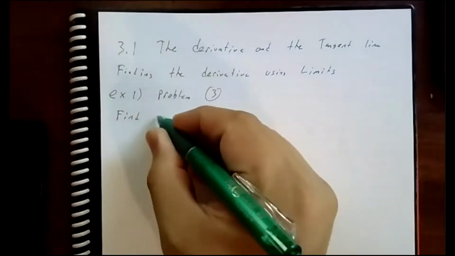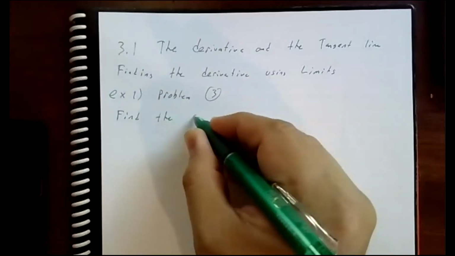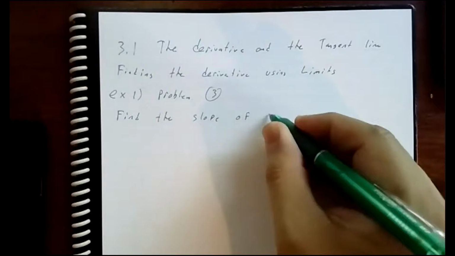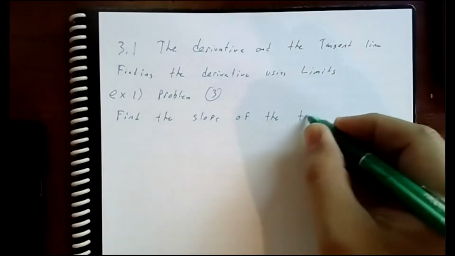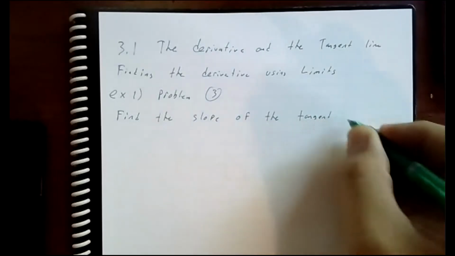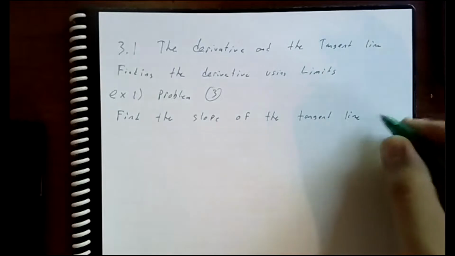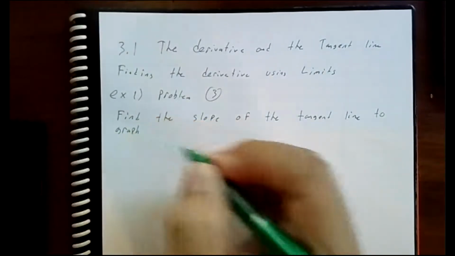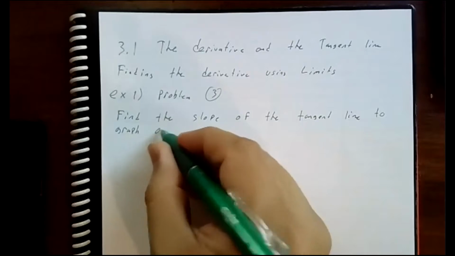Okay. Find the slope of the tangent line to the graph of the function.